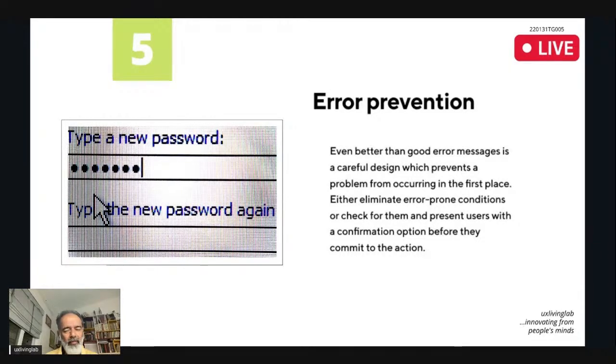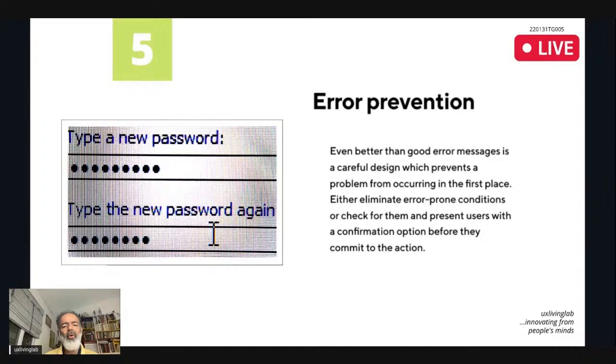That is, when you give an error message, even better than good error messages is a carefully designed interface which prevents a problem from occurring in the first place. So think about the error message before that, how to prevent that error. The best example is the password. When you create a new password, you'll be taking the reconfirmation of the new password again.